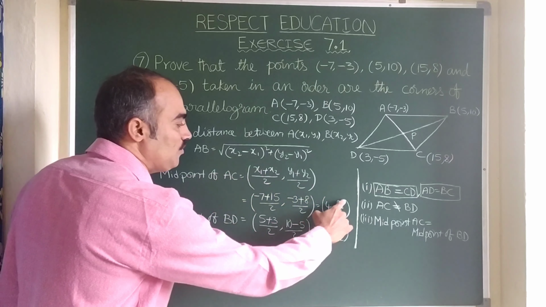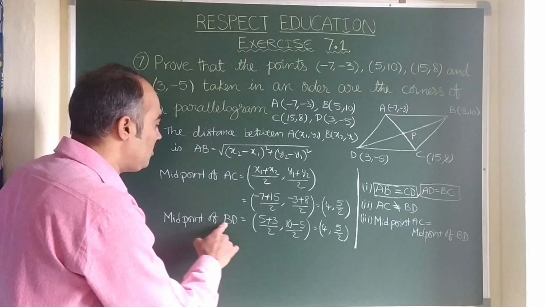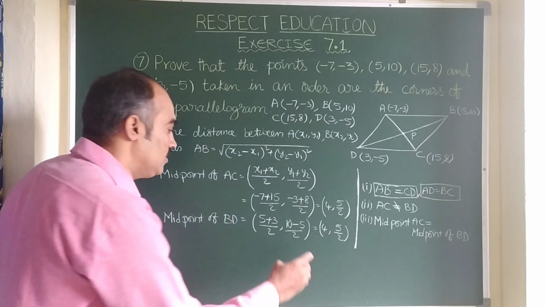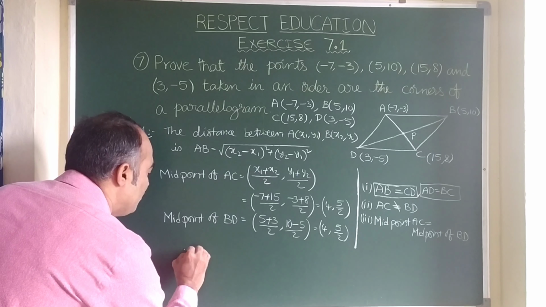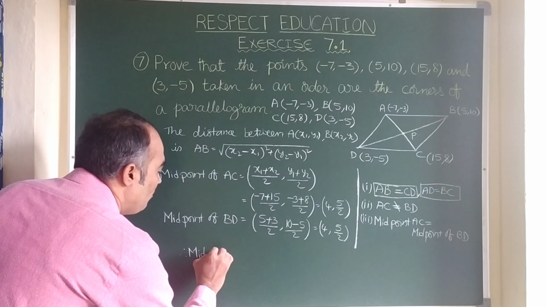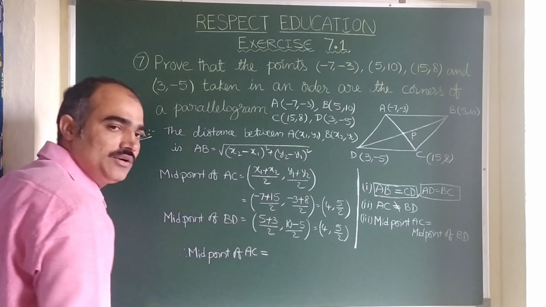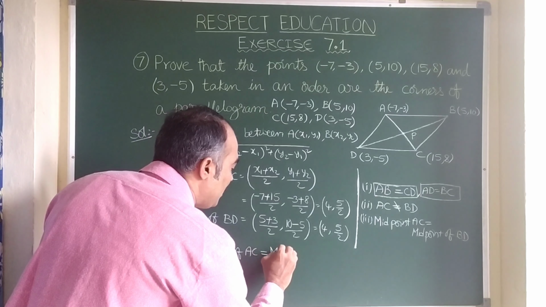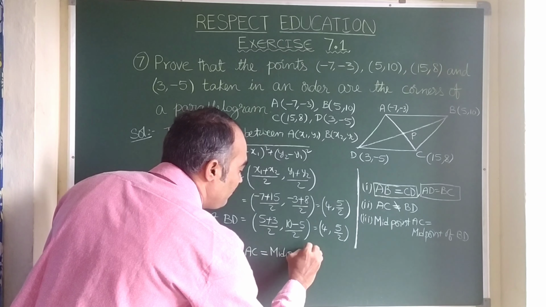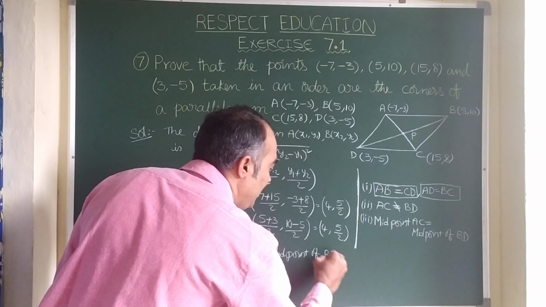You observe here, midpoint of AC is (4, 5 by 2). Midpoint of BD is also (4, 5 by 2). Therefore, we have midpoint of AC equal to midpoint of BD.